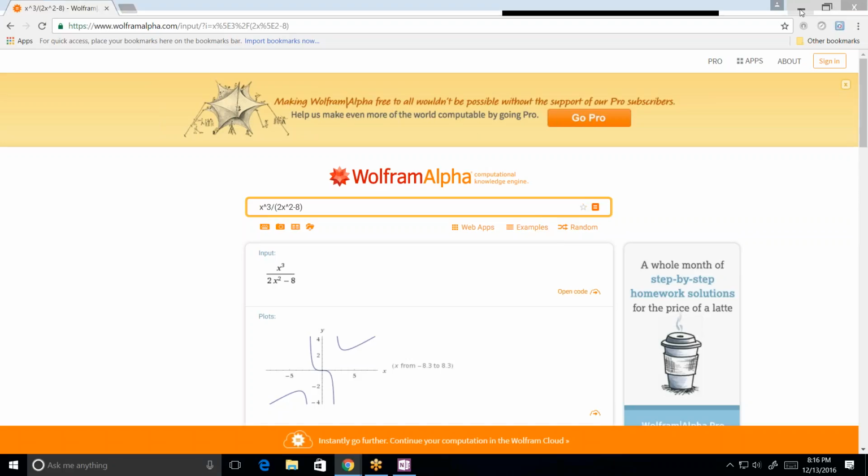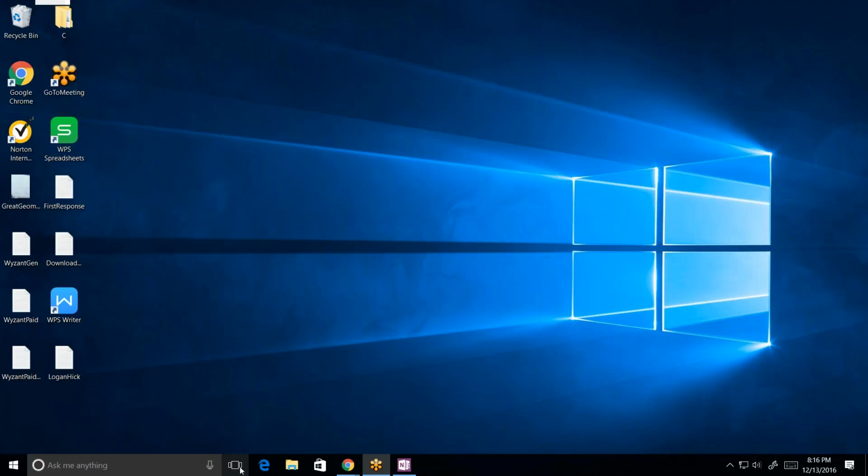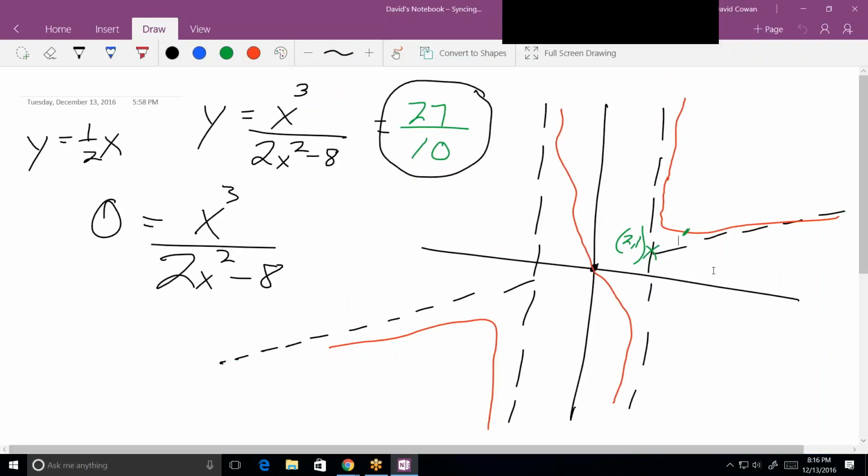So to get the behavior of the graph, I should just plug in a point and see which side of the graph it's on? I would. That's the way I've always kind of done it, and it works pretty good. It's a little difficult because I don't know where that oblique asymptote is, but I do know where the oblique asymptote is. I plugged in the point x equals 3.